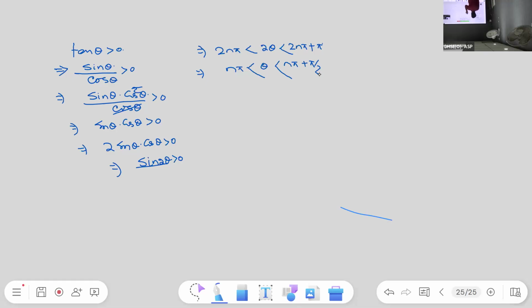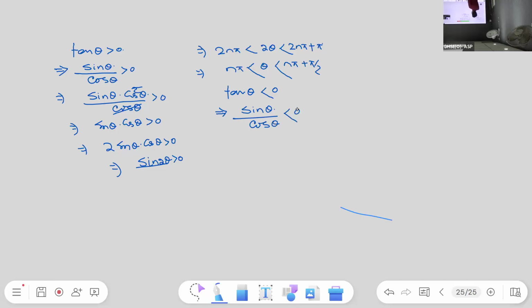Then come to tan theta less than 0. This implies sin theta upon cos theta less than 0.